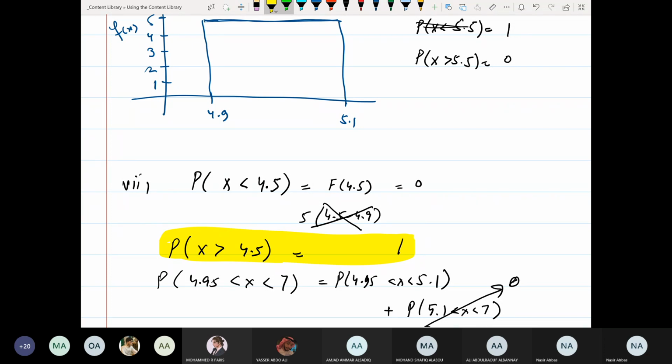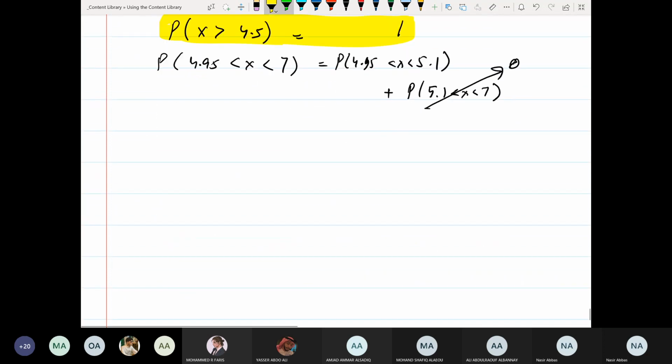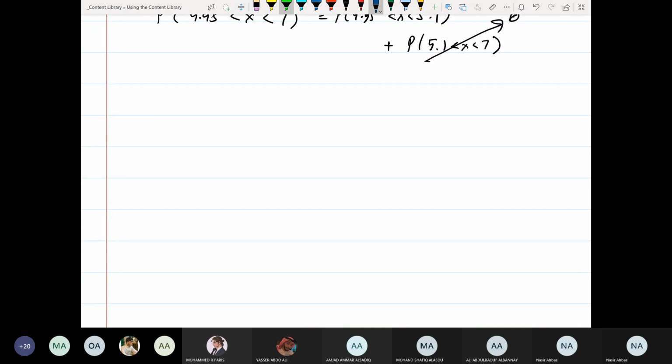Okay, let me go with the exponential distribution. The second special distribution is called the exponential distribution. A random variable is said to follow an exponential distribution if its probability density function has this form.